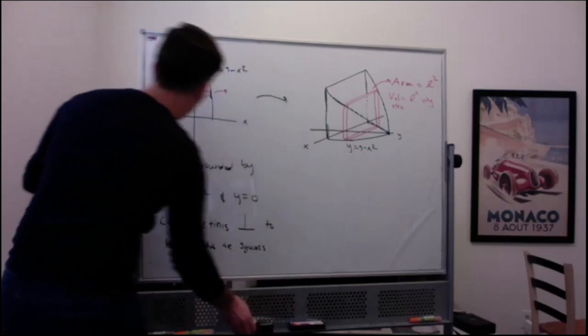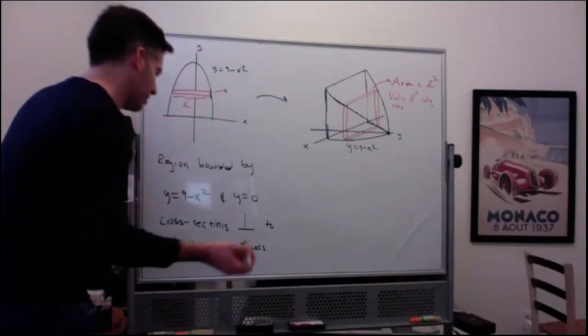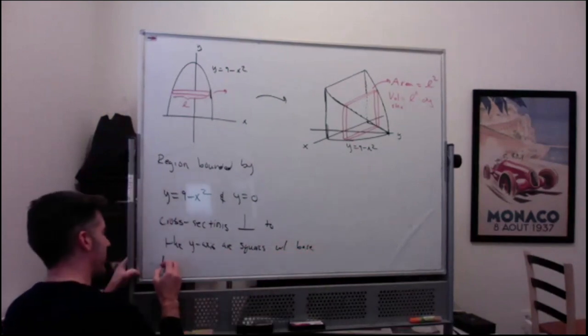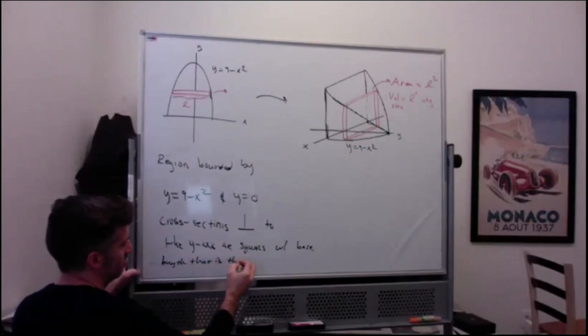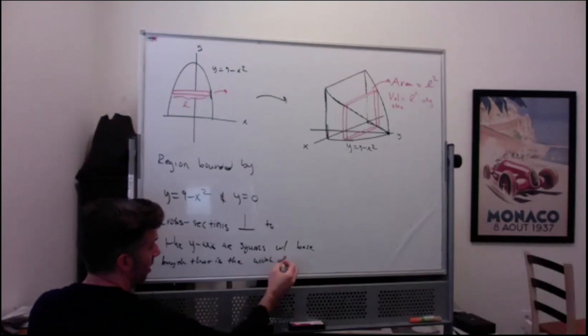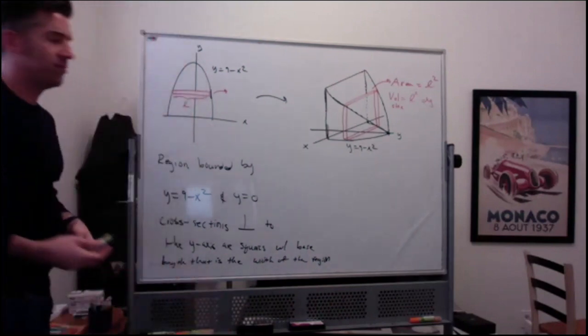So I take a cross section perpendicular to the y-axis. Our squares have base length that is the width of the enclosed region. There's probably a better way of writing that.